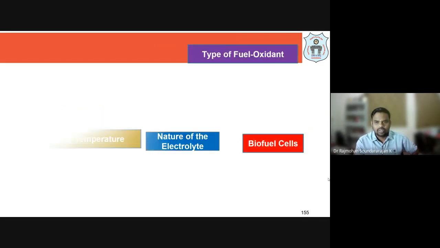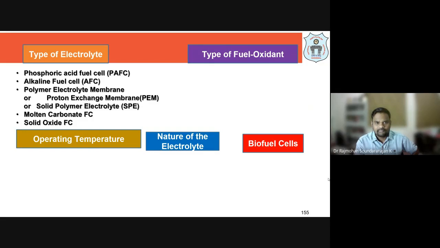Now, coming to type of electrolyte. Based on the type of electrolyte, we can classify the fuel cells as phosphoric acid fuel cells, where the electrolyte is phosphoric acid. And if the electrolyte is alkaline, like KOH, then you have alkaline fuel cells.